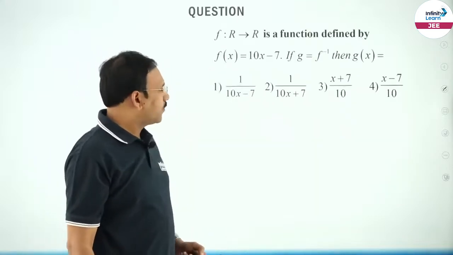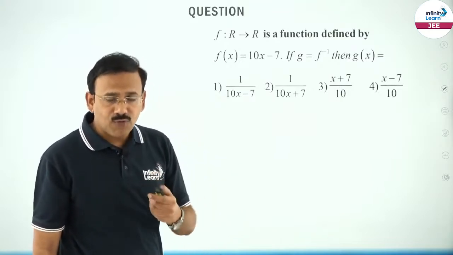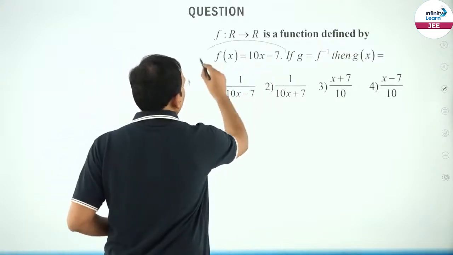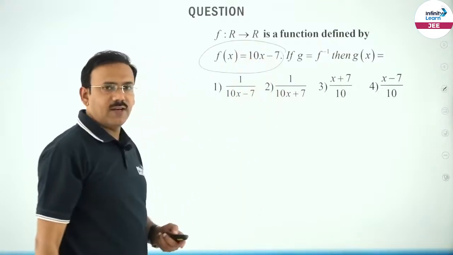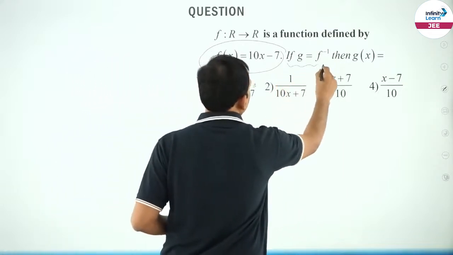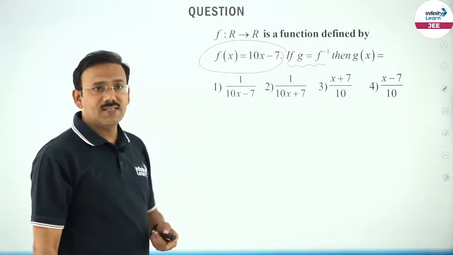Here a function f of x will be given, we need to find f inverse of x. Point number 1, friends, suppose f of x is 10x minus 7. So, g is equal to f inverse, then g of x is?